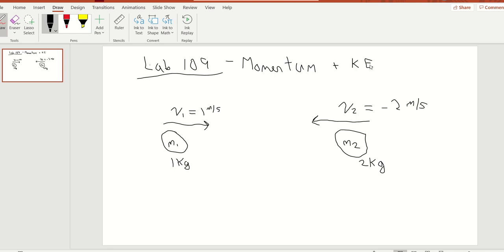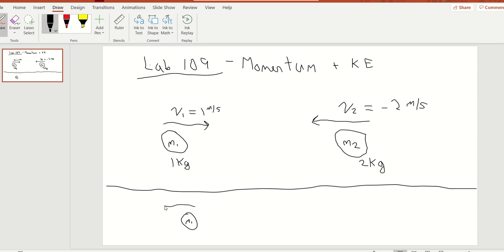So basically, if you think about this situation, what's going to happen is that these two objects are going to hit each other. And then after they hit each other, various things can happen. One thing that might happen is that they might bounce off each other so that after they collide, this is M1.